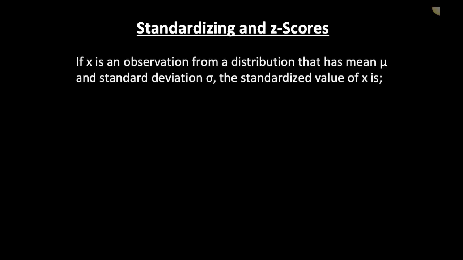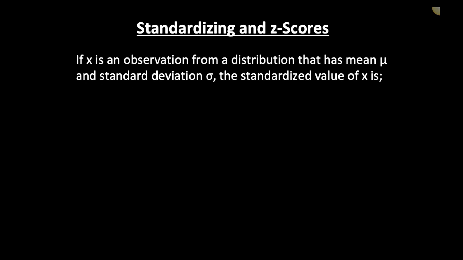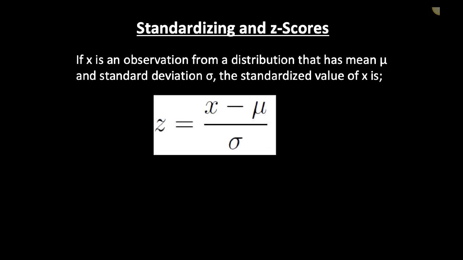0 is the middle, positive numbers are at your right, negative numbers at your left. Next is the z-score. If x is an observation from a distribution that has mean mu and standard deviation sigma, the standardized value of x is x minus mu over sigma. We use z for the standardized value.